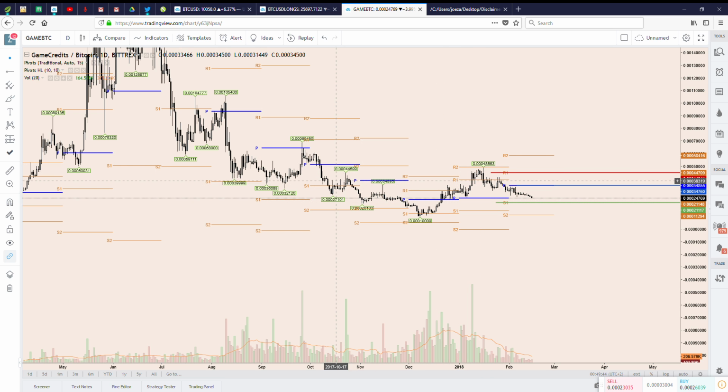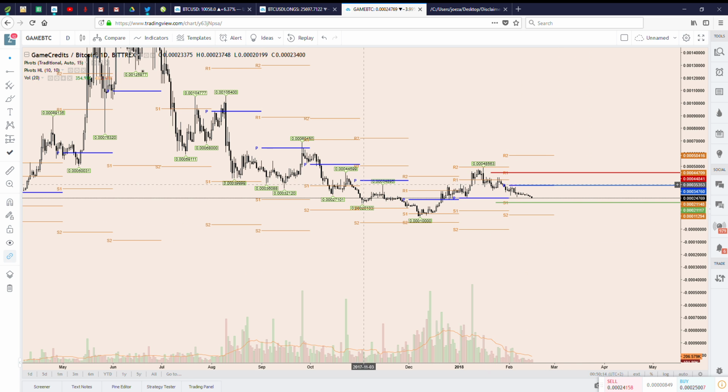And that's basically what a pivot is. So once price breaks through a pivot and it's heading down, that's the momentum that you'll see. Once price breaks through a pivot from the bottom up, that's the momentum that you'll see. So we're currently in a downward momentum, but we are going to start reaching support, right? And this is where I want to start building my position.